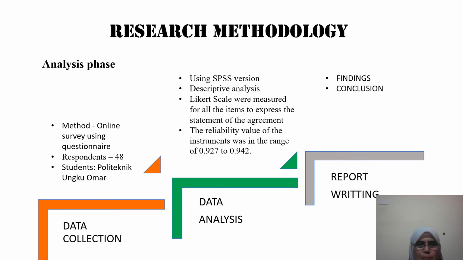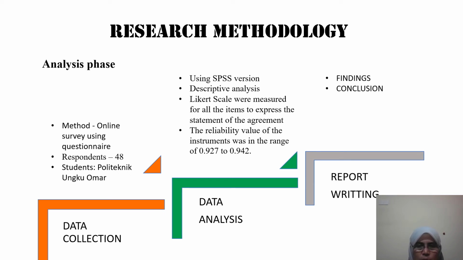The next phase is the analysis phase, where the questionnaire was distributed to the students by using an online survey. The respondents were 48. The data was then coded and keyed into the computer by using SPSS.